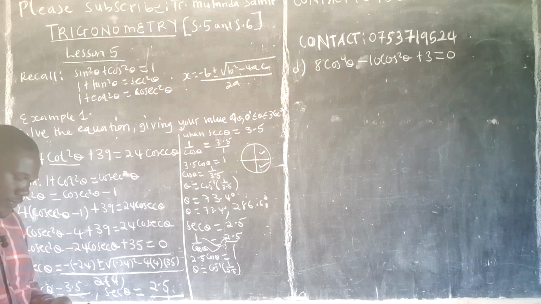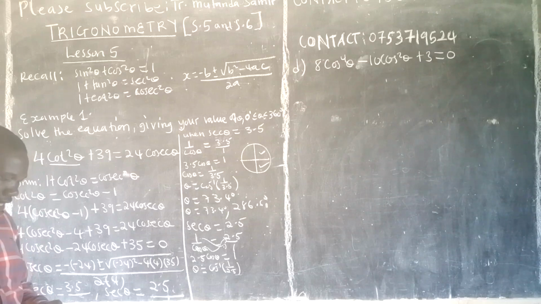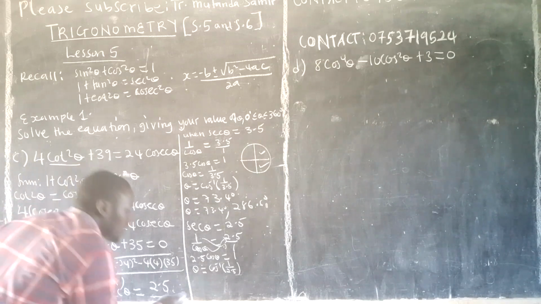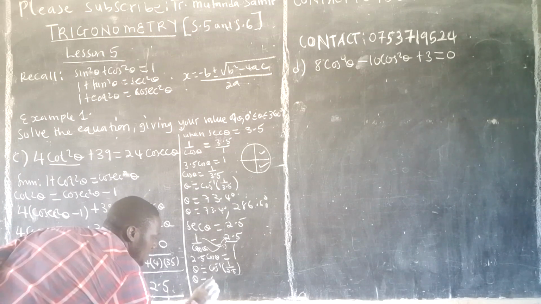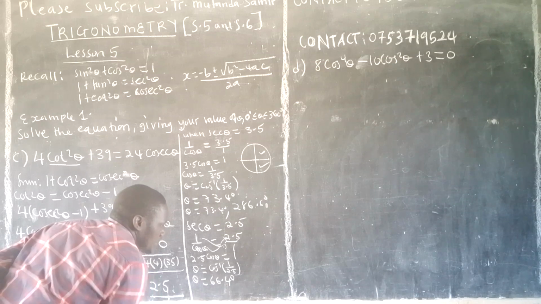So now 1 divided by 2.5 gives 0.4, then cos inverse of the answer is 66.4. So theta is equal to 66.4 degrees.